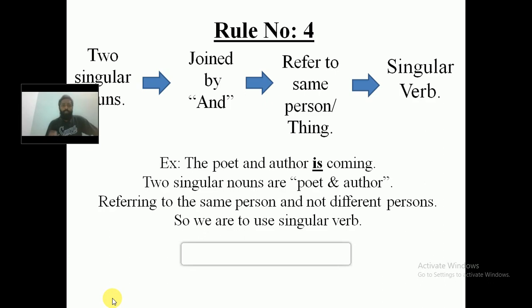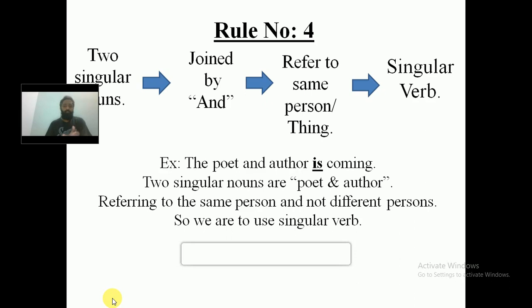The poet and author is coming. Now go back to the rule. Two singular nouns, poet and author, joined by the word and. The poet and author. So two singular nouns joined by the word and, referring to the same person.